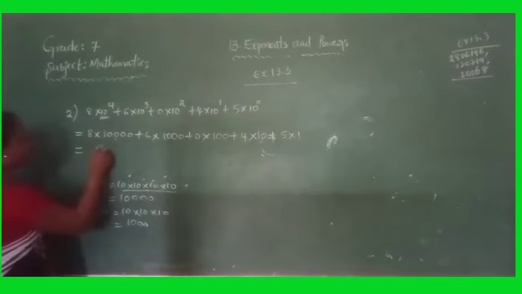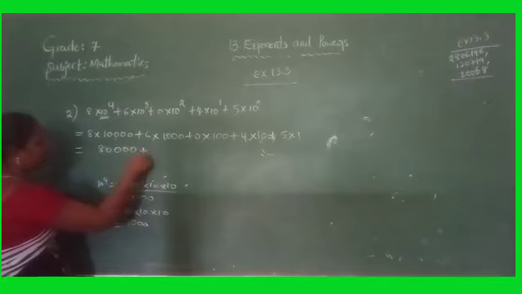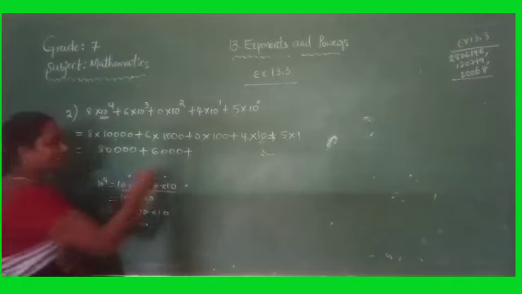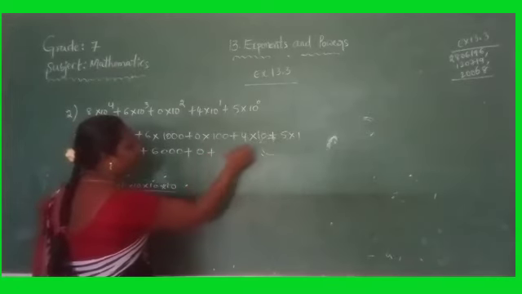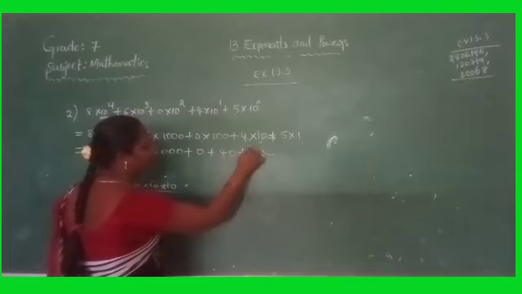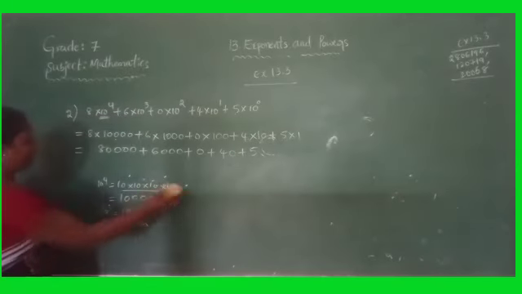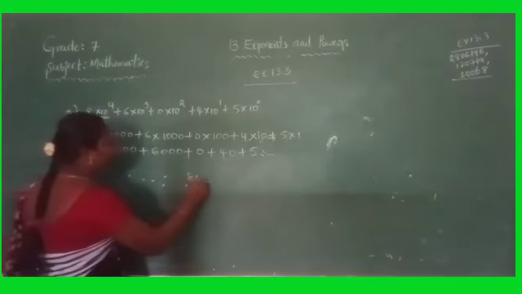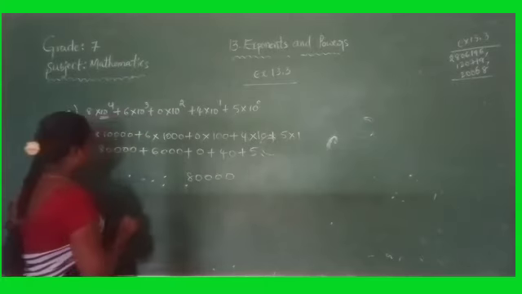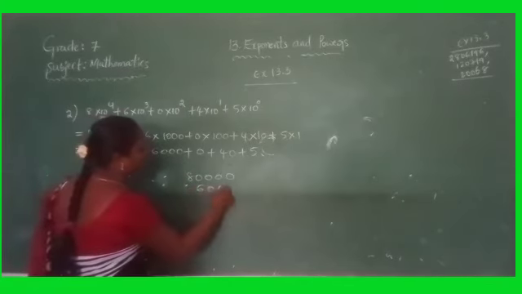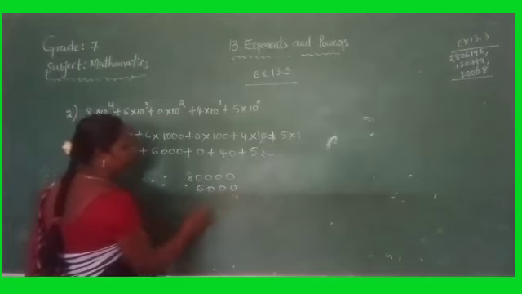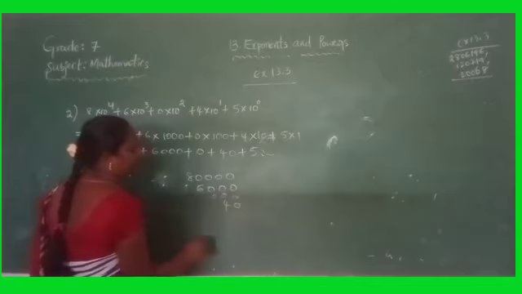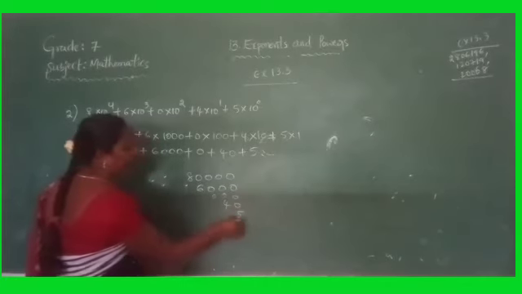Right. 8 into 10,000 is 80,000, plus 6 into 1000 is 6,000. 0 into 100 is 0, plus 4 into 10 is 40, plus 5 into 1 is 5. Now we have to add all this. 80,000, next 6,000, then 0, so here zeros will come, next 40 and next 5.